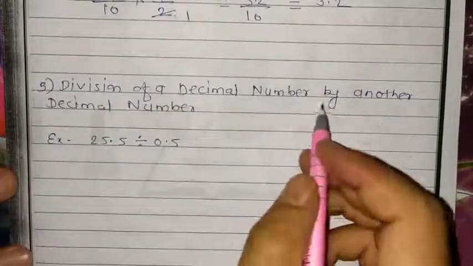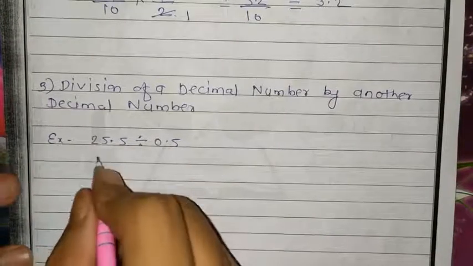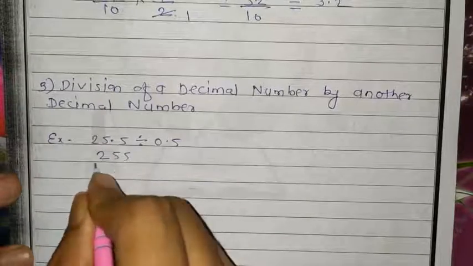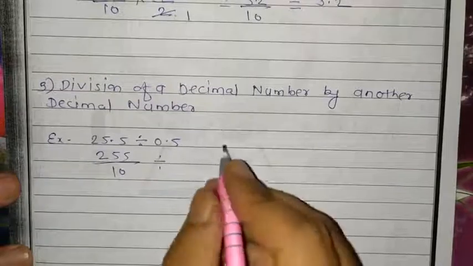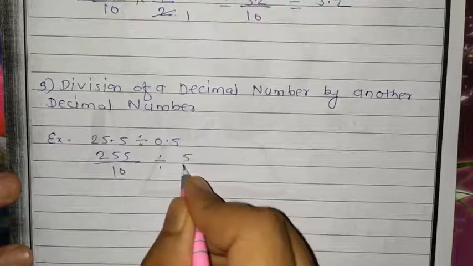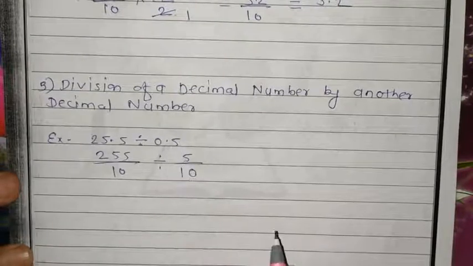Third one is division of decimal number by another, means both numbers should be decimal. So first you remove the decimal point. Write the number divided by 10, and here 0.5. So 0.5 can be written as 5 upon 10, because after the point there is only one number.